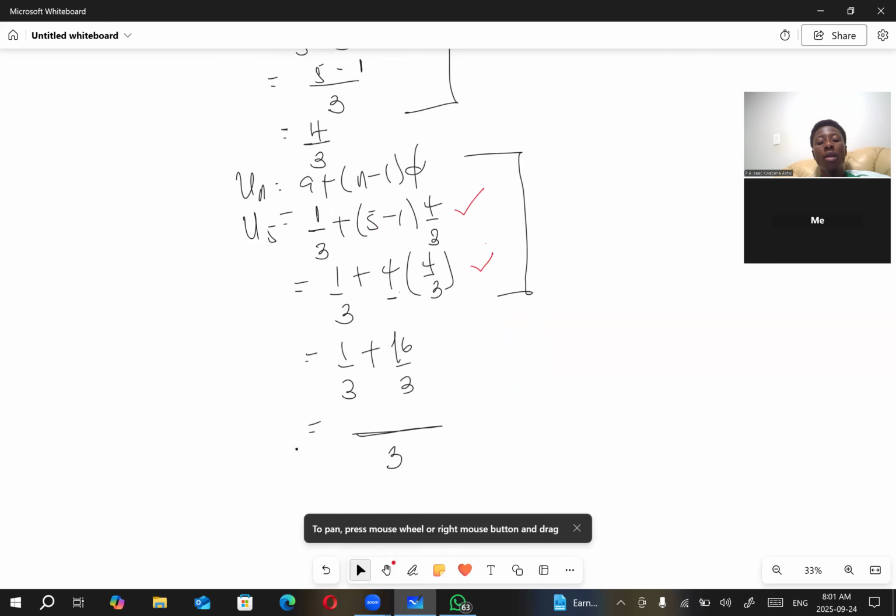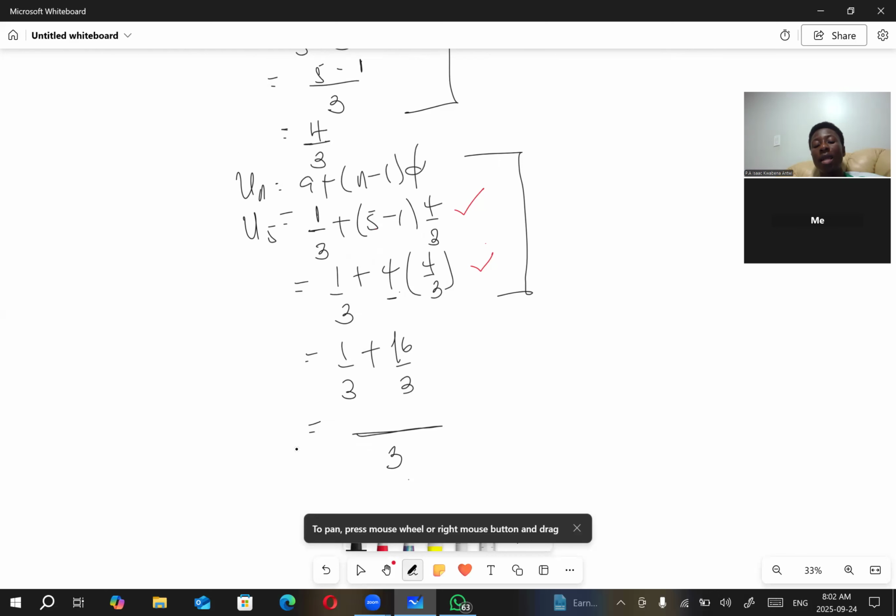Yes. So now we have 1 over 3 plus 16 over 3. And I told you, if you have a fraction adding or subtracting another number, you find the LCM. Here it is even two fractions. So LCM, what is common among them, right? So 3, so you write 3. If there is no number common among them, then choose the least number that all of them can divide into.